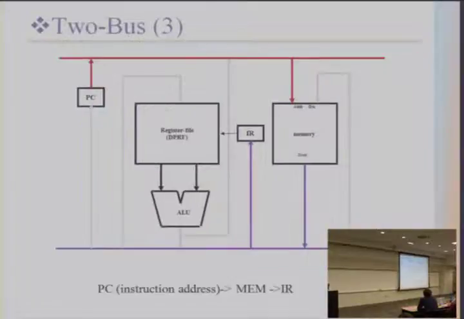Let's say we want to do the same instruction as before. We will now have PC write on one bus, and that information will be read by the address unit in the memory. Once it's read, it can go down on the other bus and be stored in the instruction register.